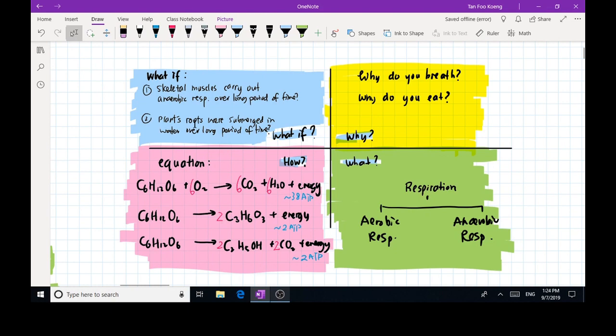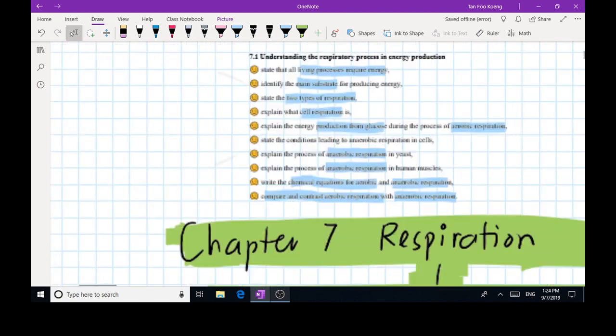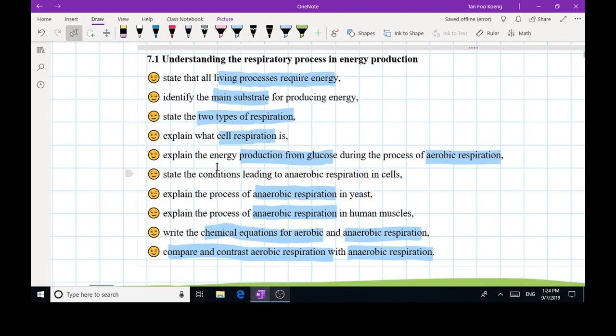Terrestrial plants are not able to survive in water, simply because the ethanol accumulation can kill them. Alright, so what you need to do right now is to make a table to compare and contrast the aerobic and anaerobic respiration.